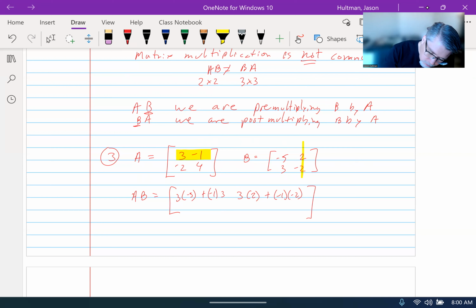Okay, now we're going to go second row, first column. That's going to become -2, -5 plus 4, 3. And then I guess I should have said that, second row, second column.